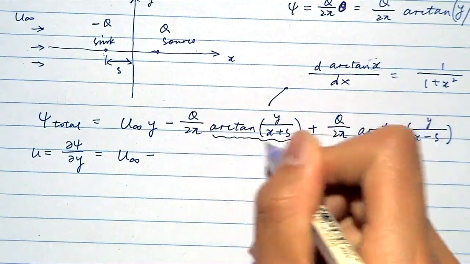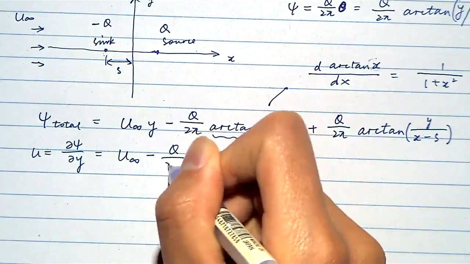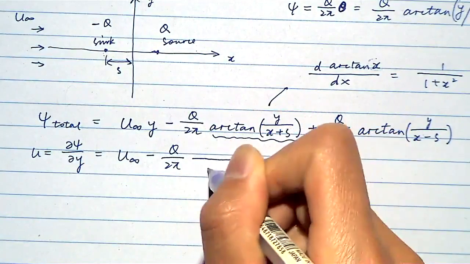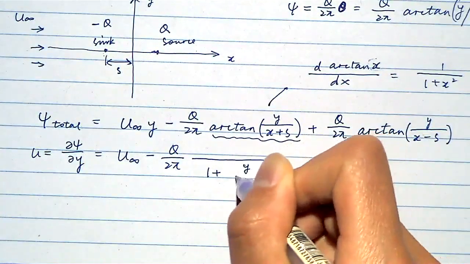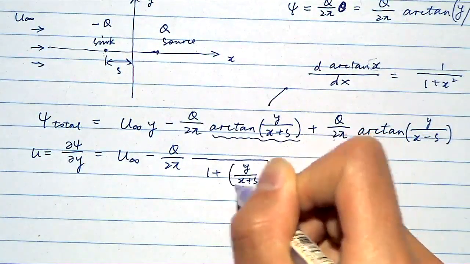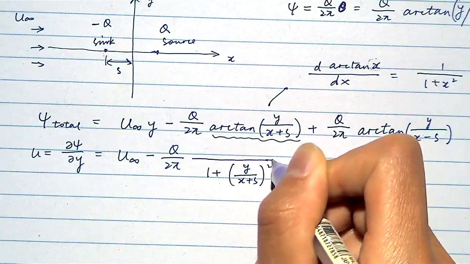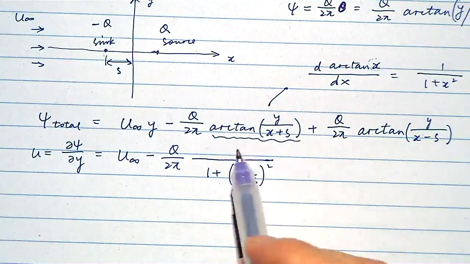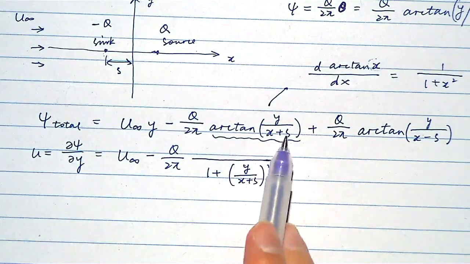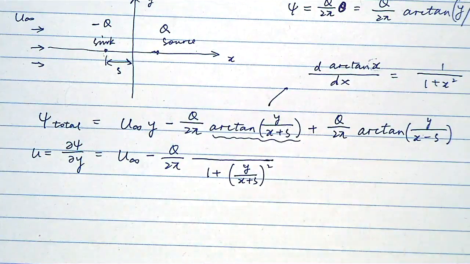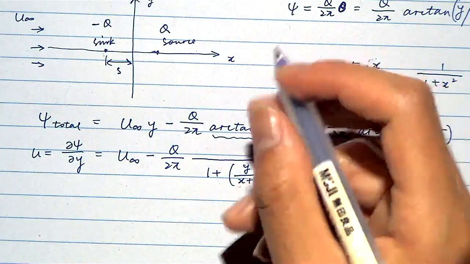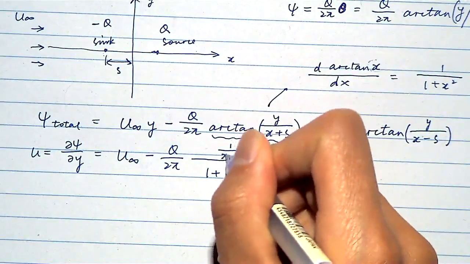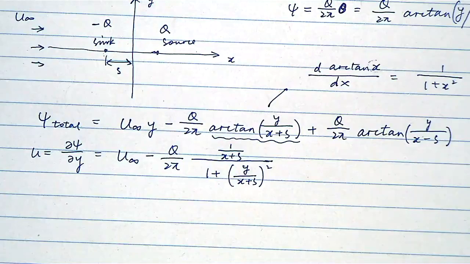So for this one, we have q divided by 2 pi, 1 upon 1 plus (y over x plus s) squared. But that is not enough. We're differentiating with regards to y, so we have to apply the chain rule as well, which gives me 1 upon x plus s multiplied to the whole thing. Does it make sense?